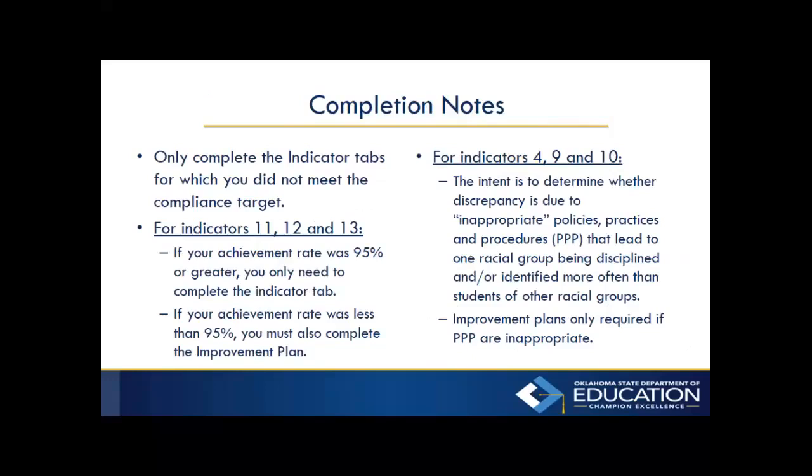And for that area, improvement plans are only required if your policies, practices, and procedures are inappropriate. So what we need you to do for indicators 4, 9, and 10 only is submit your indicator-specific information to us. The State Department will then review that information, and if we need you to complete the improvement plan page, then we will let you know after that.